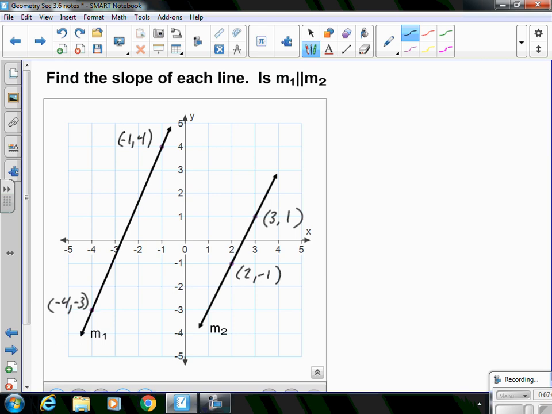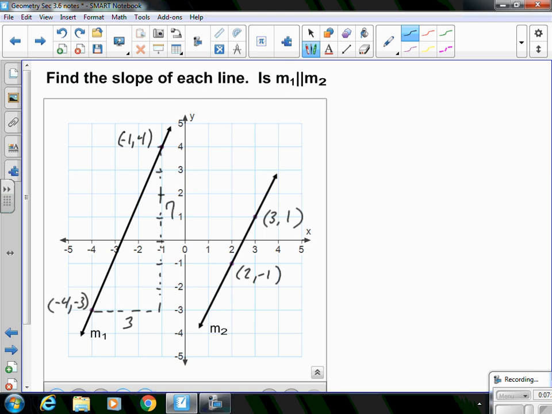Of course, if it's on a graph, that makes it pretty easy to do the slope. If you want to do it this way, you can see that it's going from (-4, -3) to the right 3, and up 1, 2, 3, 4, 5, 6, 7.